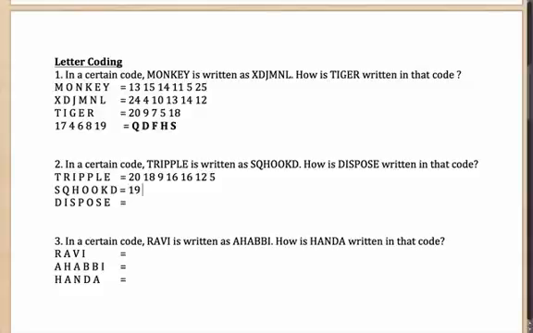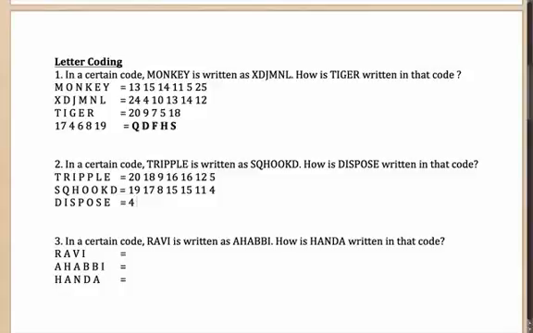S is 19, Q is 17, H is 8, both O's are 15 each, K is 11, and D is 4. So as you can realize, you should be able to figure out the connection in this within or less than 30 seconds. What is the connection here? Everything is getting reduced by 1, very, very obvious.